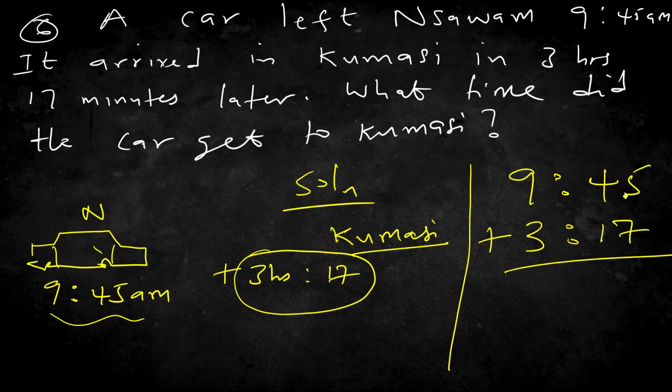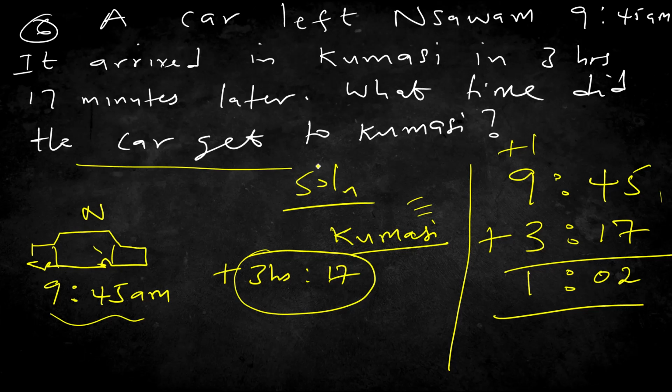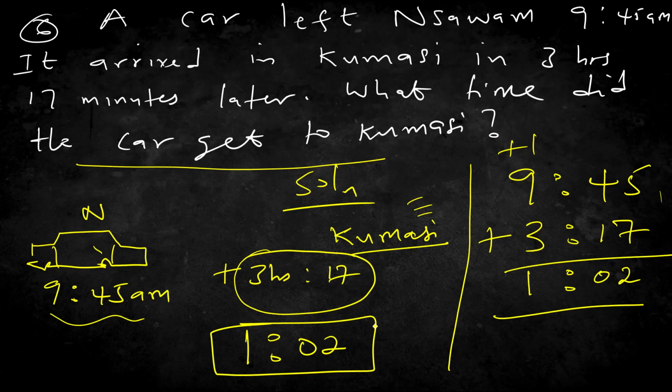So if I take 15, this side will be 2 minutes. This one has given us plus 1 hour here. So 1 plus 9 is 10, so 10 plus 3, we have 11, 12, 1. So the car gets to Kumasi at 1:02. As simple as that.